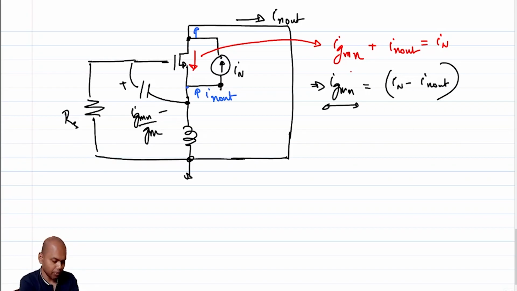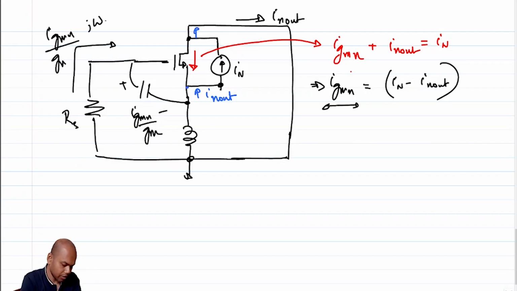It is basically j omega C times this voltage, which means this current is IGMN by GM times j omega CGS, correct? I know that this voltage is 0, which means this voltage is how much?